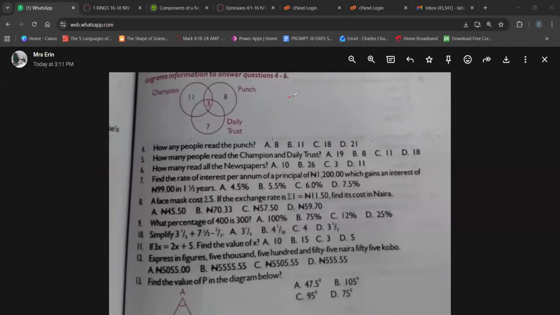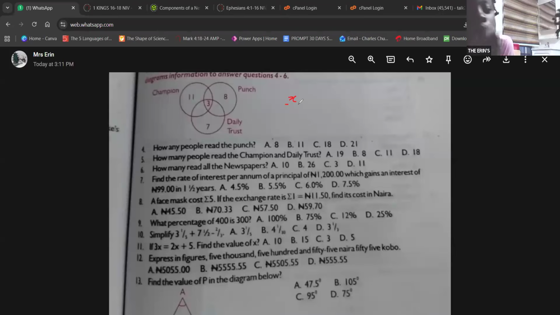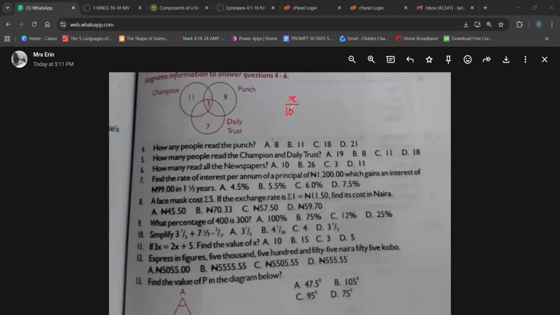Number 9 is what percentage, abi? Percentage means something over 100, am I right? Yes, sir. So I'll just put my X over 100, since I don't know what percentage it is, but I know it is over 100.